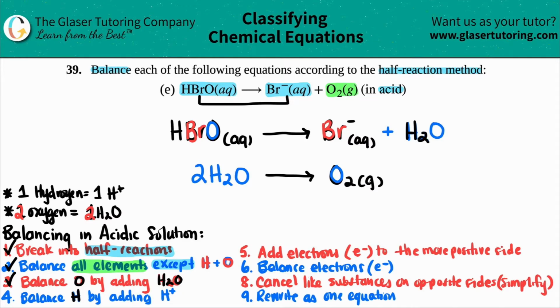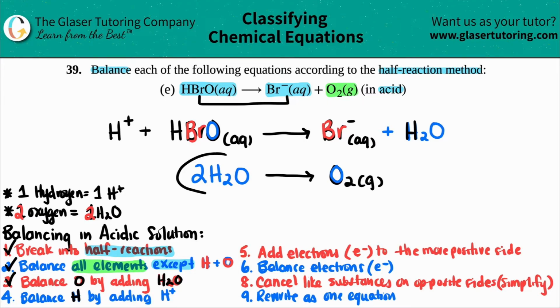I have 2 of them. So I have a total of 2 on my product side, and I have 1 on my reactant side. I need to add more on this side, but how many more? I already have 1, so I only need to add 1 more to get to 2. So I will add 1. We don't have to put the coefficient, but just say H+.